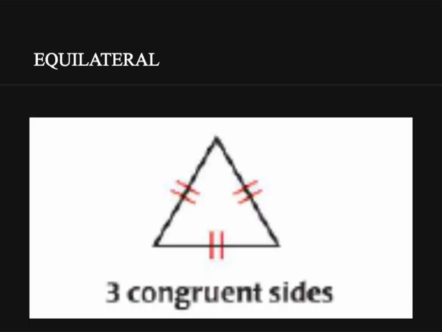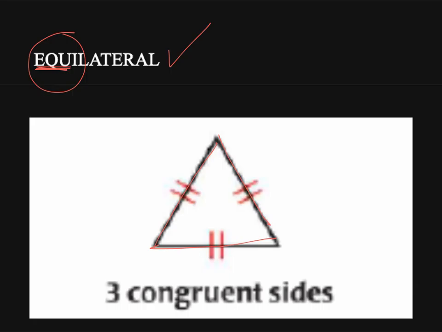Alright, so let's review the 3 types of triangles. First of all, we have the equilateral triangle. Equilateral is really easy for you to remember because this root word right here, equi, almost sounds like equal, means that all of the sides of this triangle are the equal length. So 3 congruent sides, they all have the same length. They are equal, meaning an equilateral triangle.